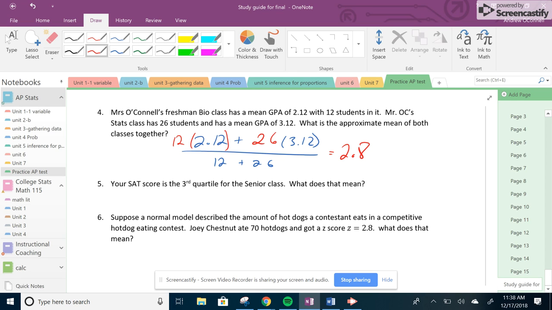Number 5, your SAT score is the third quartile for the senior class. What does that mean? You did better than 75% of seniors. What else could it say? 25% did better than you.